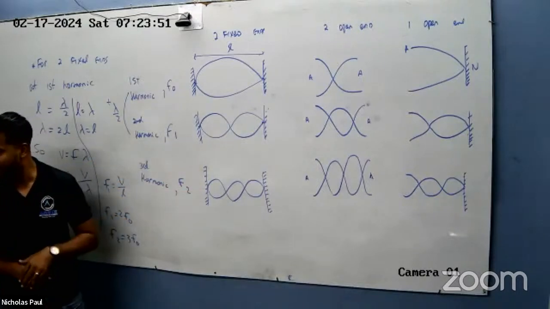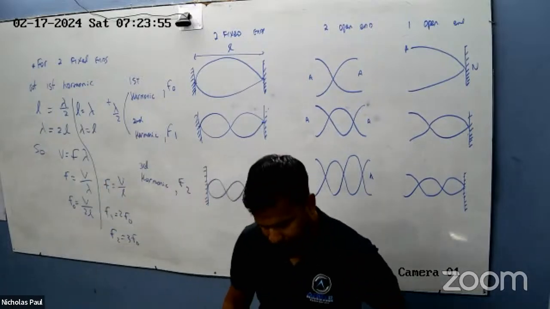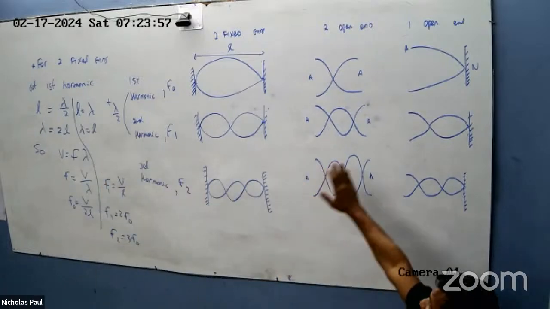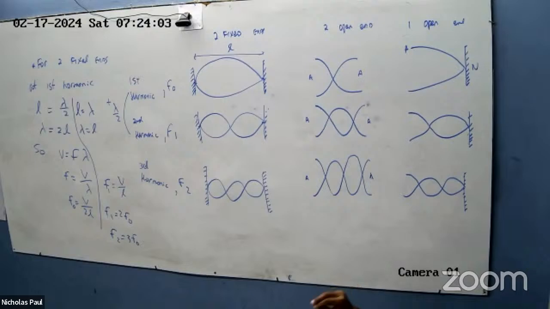You recognize that? And you can do it for any one of them. Are you okay with that? So the only time that you are going to observe those harmonics is at those frequencies. At no other point in time will you observe them.